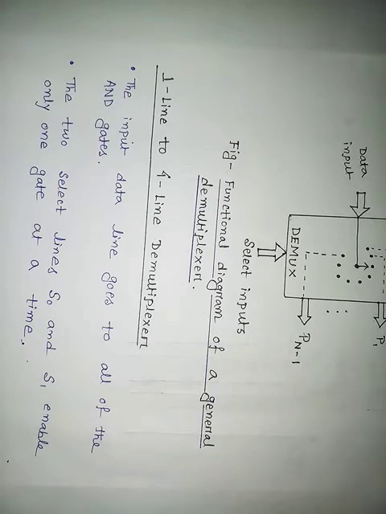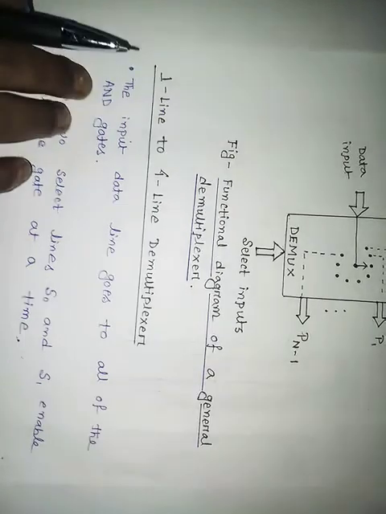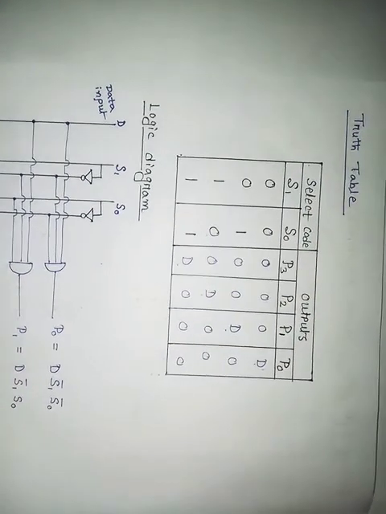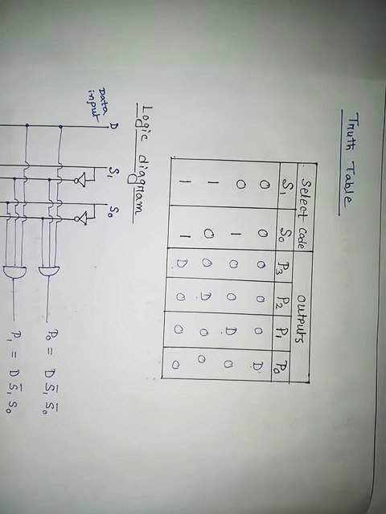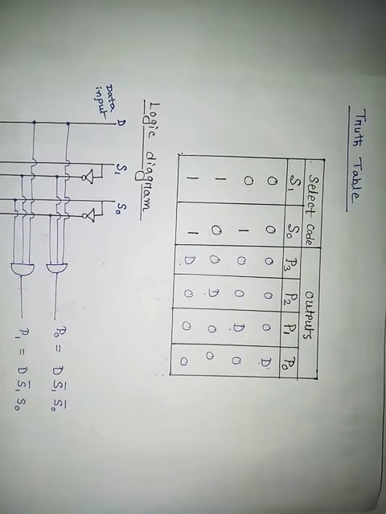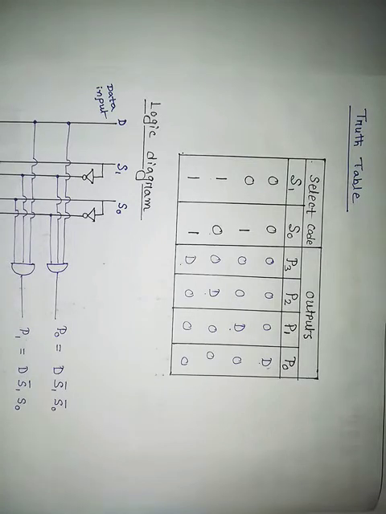Now coming to its truth table. See in the truth table there are 2 select inputs, s1 s0, so we are creating a binary table of two inputs: 0 0, 0 1, 1 0, 1 1, and we are mentioning our output as p3 p2 p1 and p0.